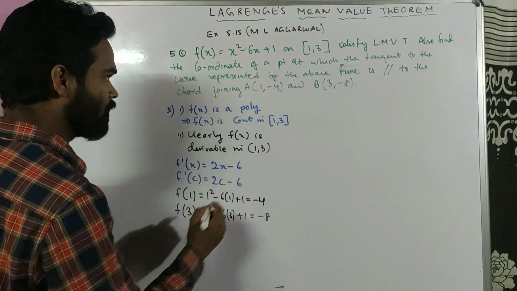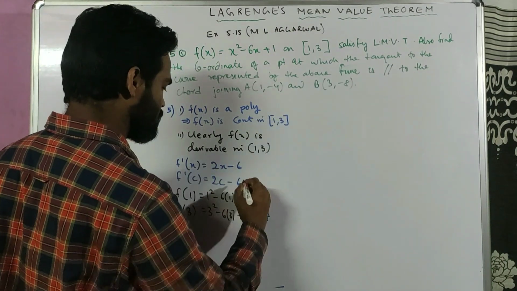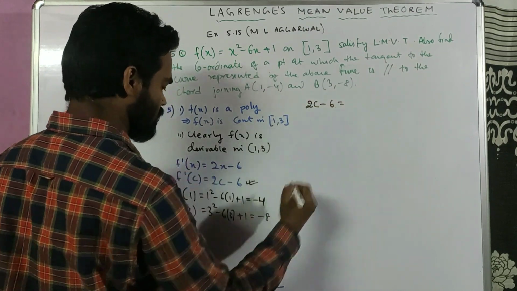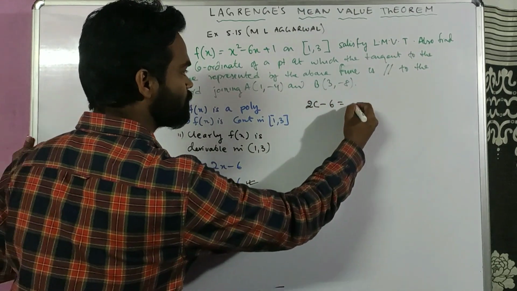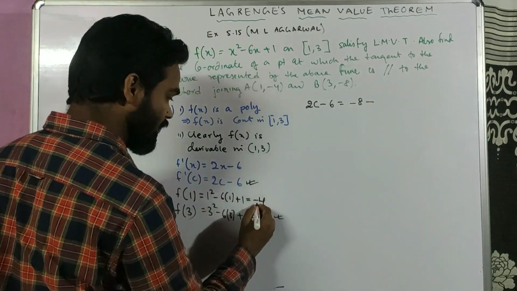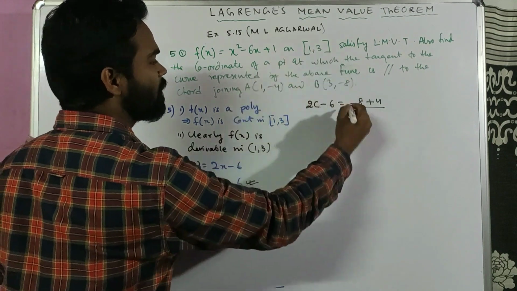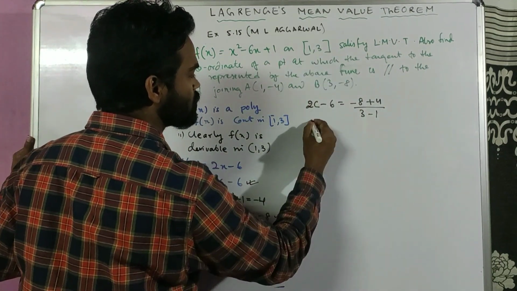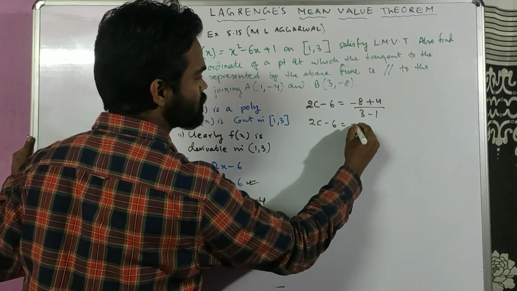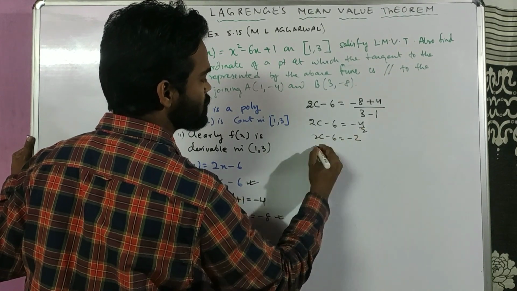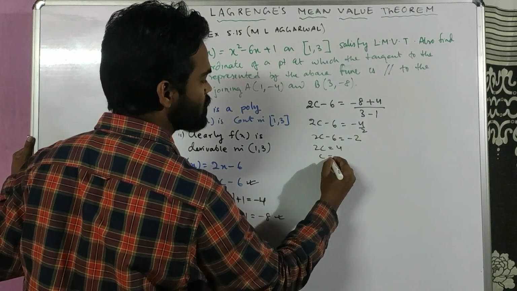Okay, now we know. So f dash C, which means 2c minus 6, is equal to f(b) minus f(a), minus 8 minus of minus 4, so it will be plus, by b minus a. So 2c minus 6 equals minus 4 by 2. So 2c minus 6 equals minus 2, 2c equals 4, c equals 2.